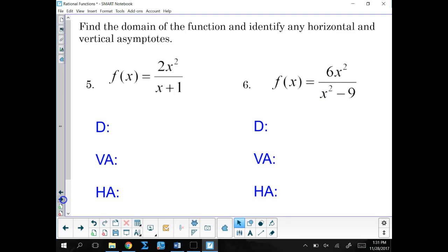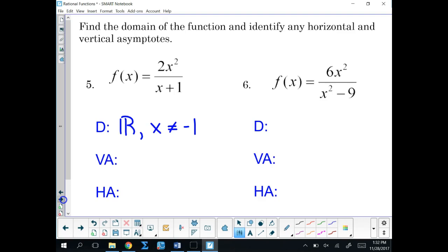First one, domain. Agree with x cannot equal -1. X plus 1 equals 0.